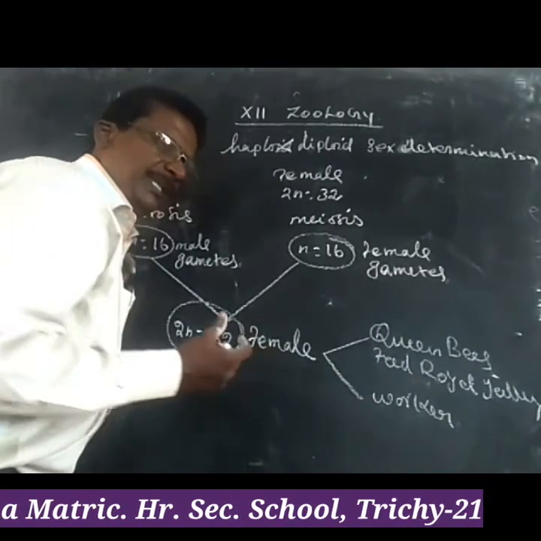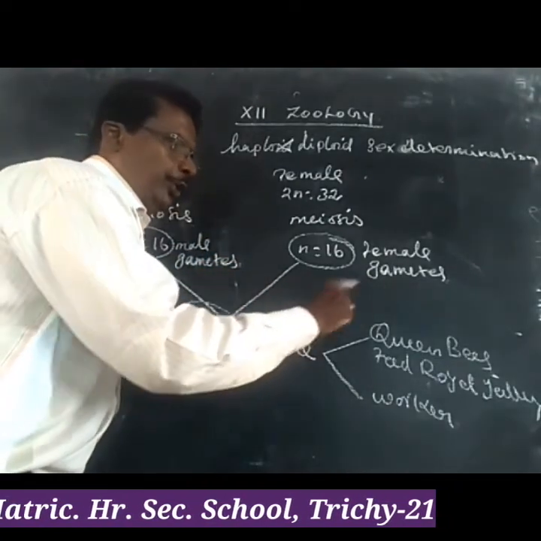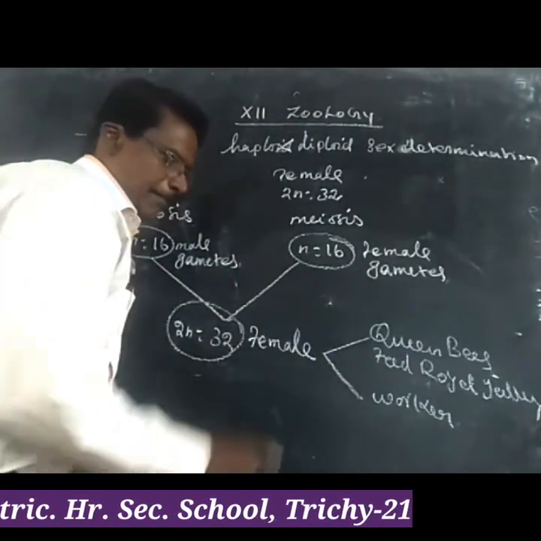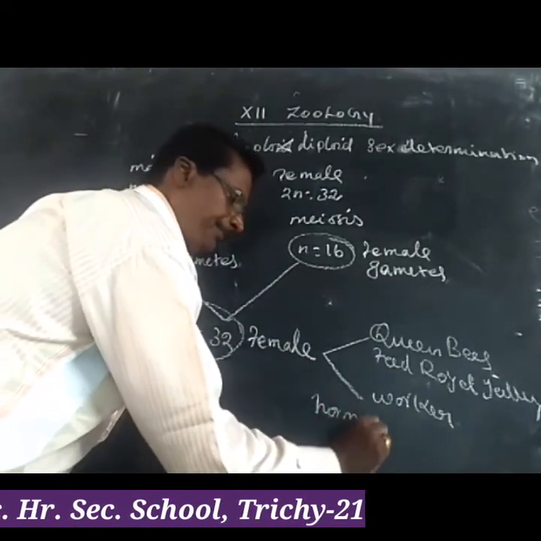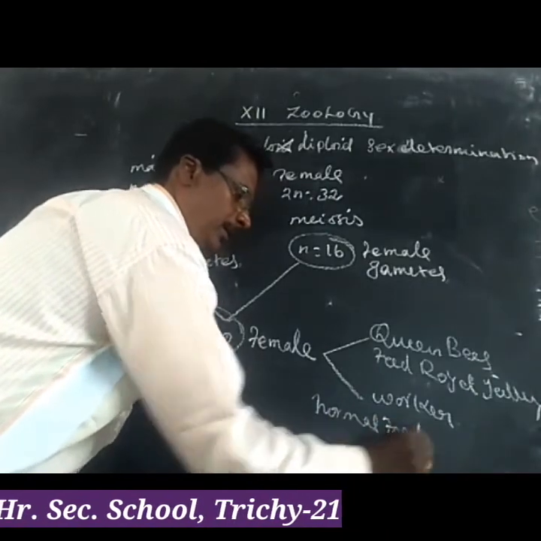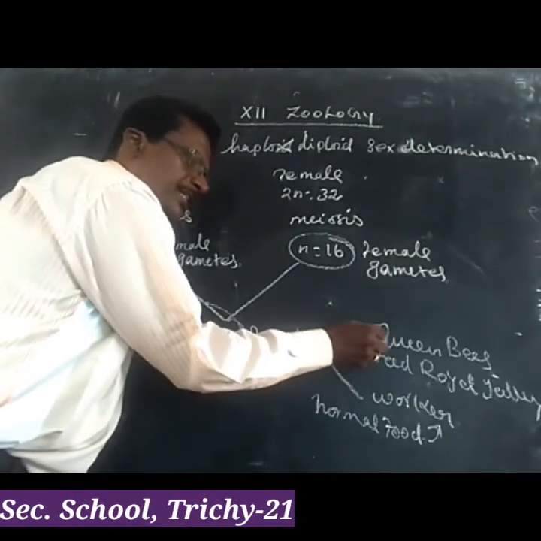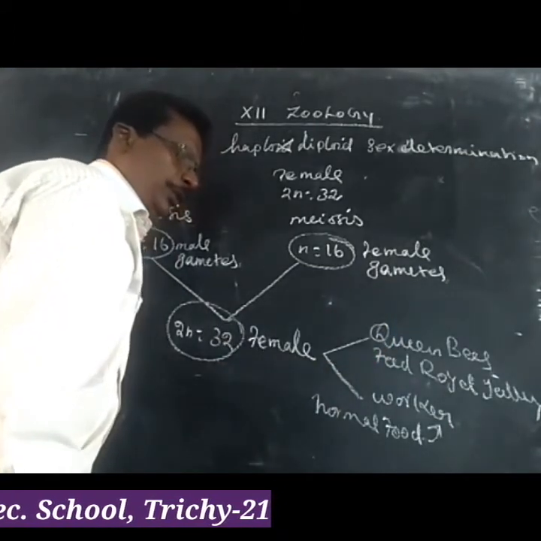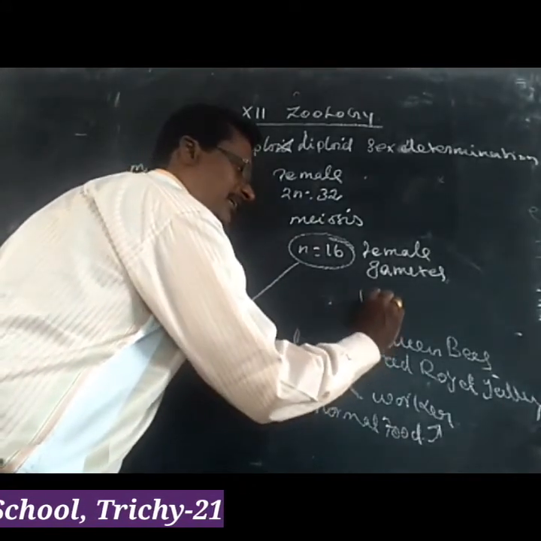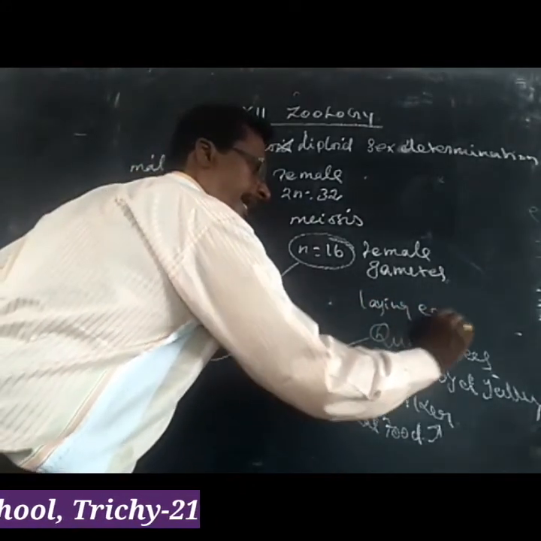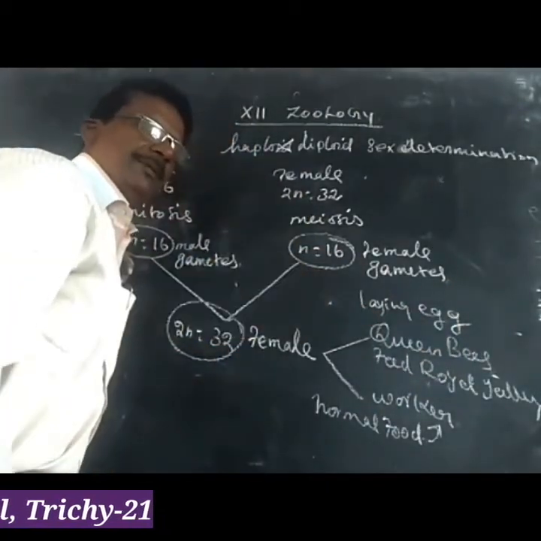The female that is fed normal food becomes the worker. What is the main function of the queen bee? It is involved in reproduction, laying eggs and developing the colony of the honeybee.